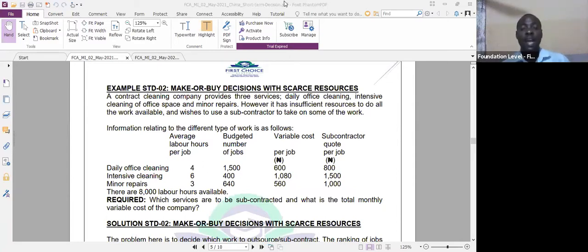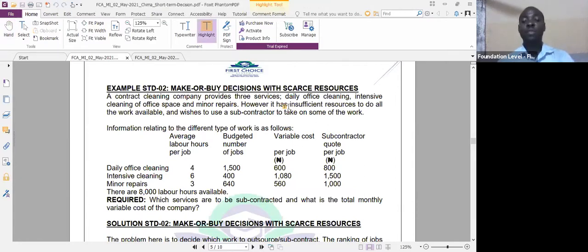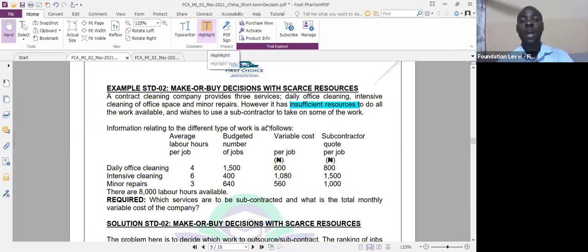However, it has insufficient resources to do all the work available. Now, underline here, insufficient resources. And that's where the scarce resources comes in to combine with the make or buy decision.